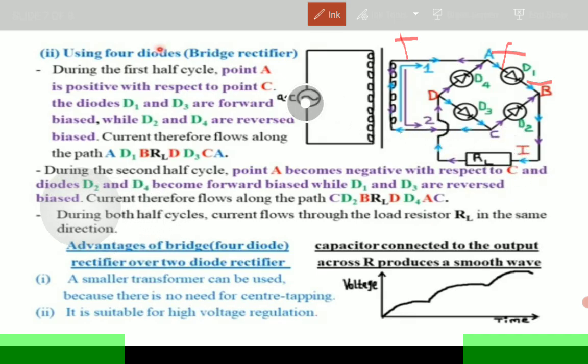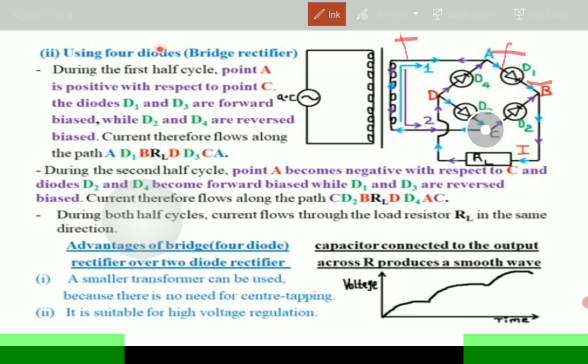So diodes D1 and D2 are forward biased. Sorry, it should be D1 and D3 are forward biased. D1, if you follow this path up to D3, they are forward biased, okay?